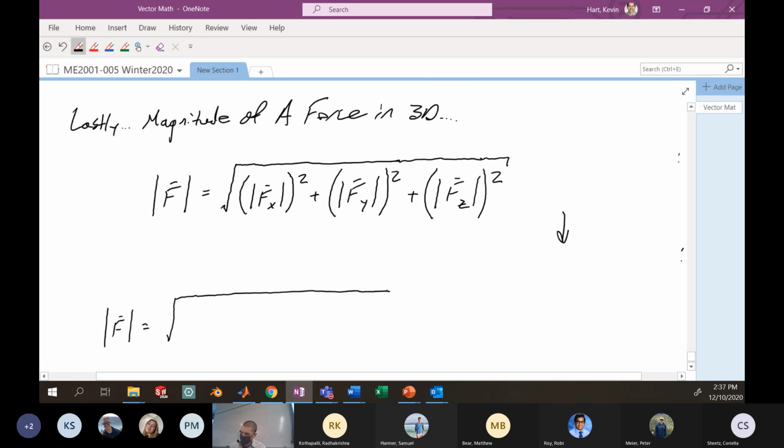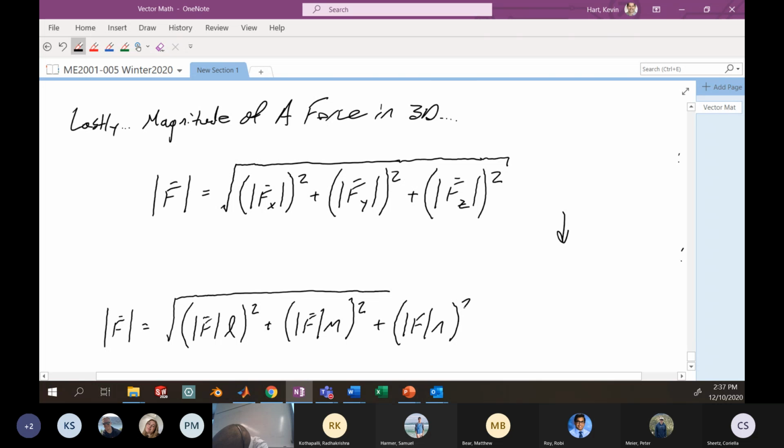If you plug in for your directional cosines, remember the magnitude of the force in the x direction is the magnitude of F times your directional cosine L, squared, plus the magnitude of your force F times your M, squared, plus the magnitude of the force times N, all squared.